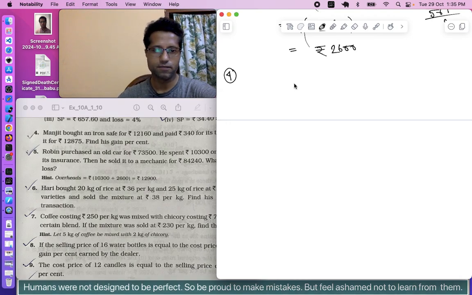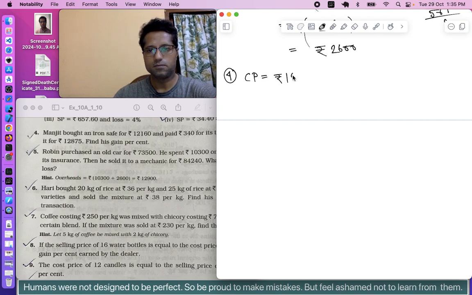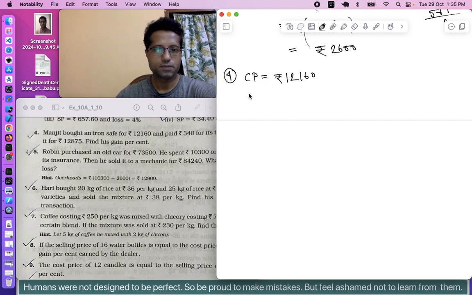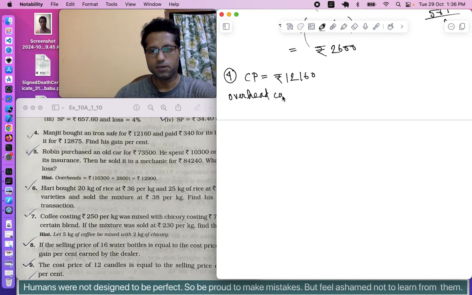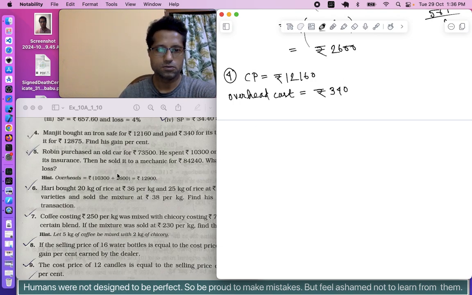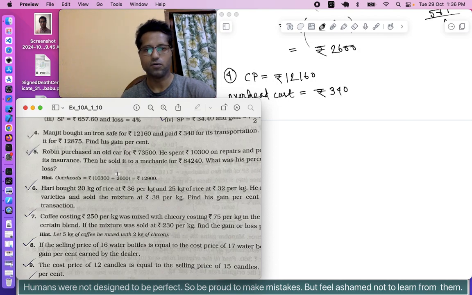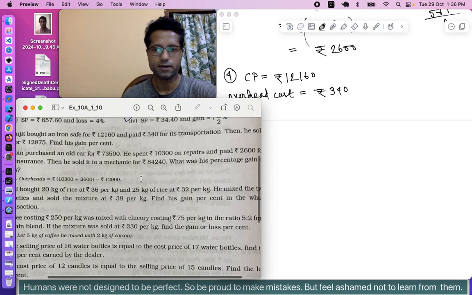Manjit bought an iron safe for a purchase price, that is cost price, of rupees 12,160, and the overhead cost, that is transportation, is given to be 340, which is a type of overhead.